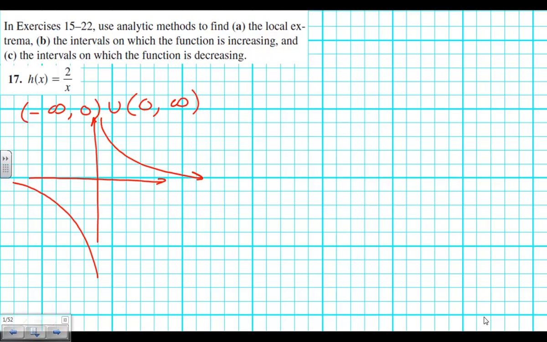Well, let's see if that's confirmed by taking the derivative. This is 2 times x to the negative 1, so 2 times negative 1 times x to the negative 2, or negative 2 over x squared. Last time I checked, x squared is always positive for the real numbers, so negative 2 over x squared must always be negative.